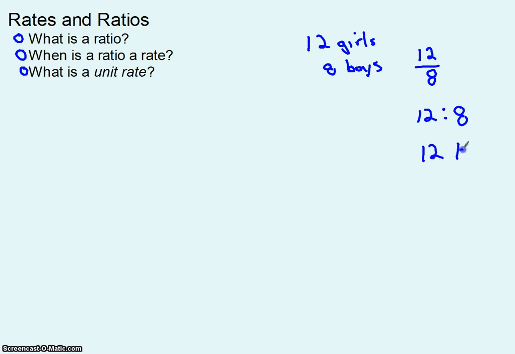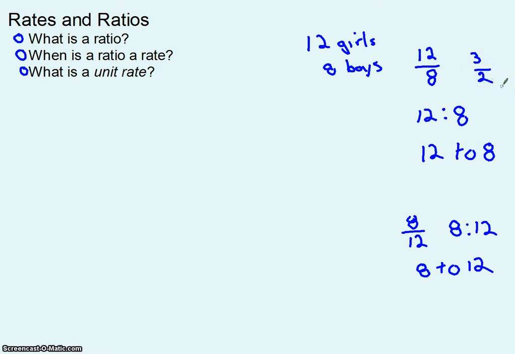They're also okay about knowing that if I had said the ratio of boys to girls, they would have reversed each of these, so it'd be 8 over 12 or 8 to 12, with a colon, or 8 to 12. They're even all right with reducing each of these by dividing the top and bottom by 4, so you get 3 to 2, or 2 to 3 down here.